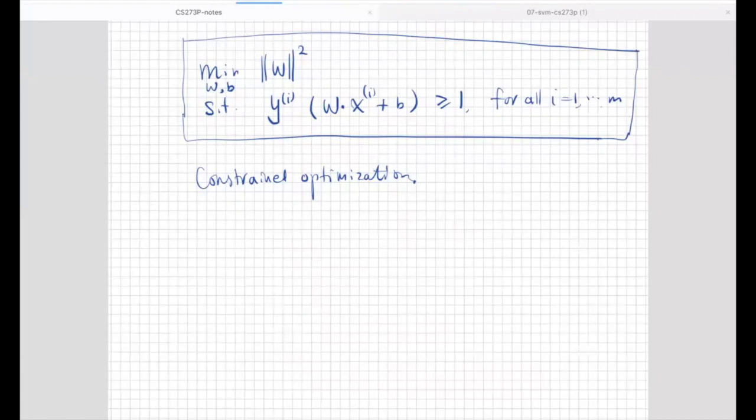So we need to use other methodologies to solve this problem. Today I'm going to talk about some of these methods. One of the main ideas is introducing something called a Lagrangian multiplier for constrained optimization problems. That's what we're going to talk about today.